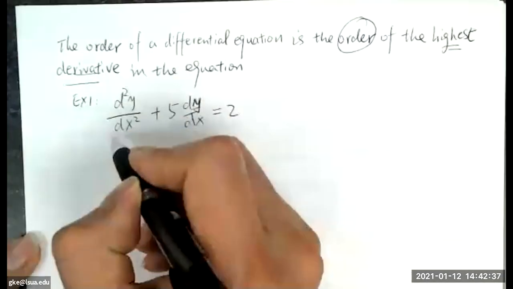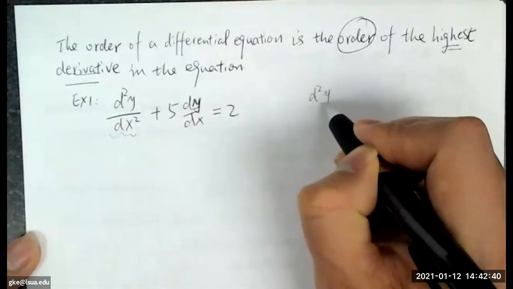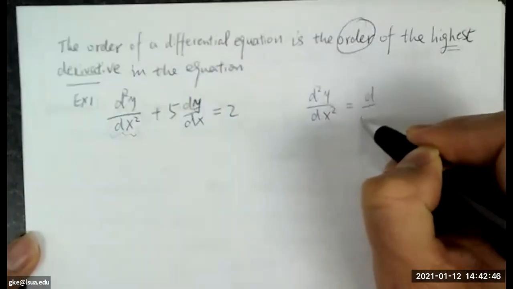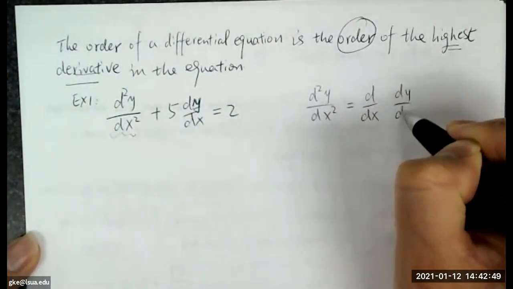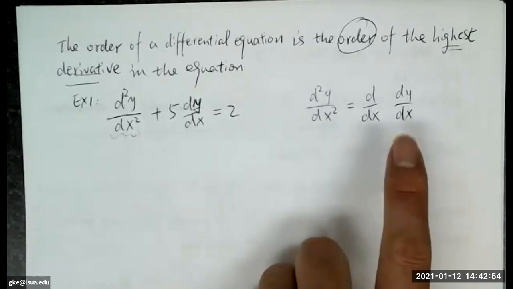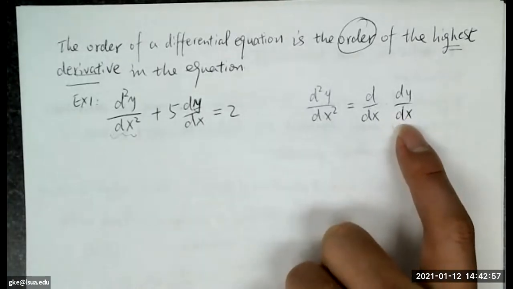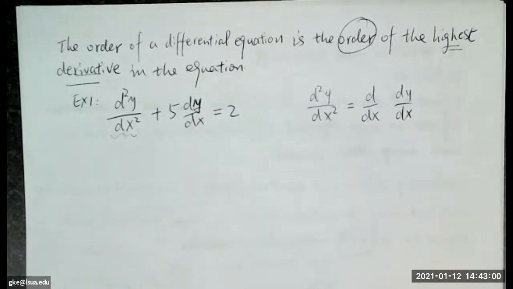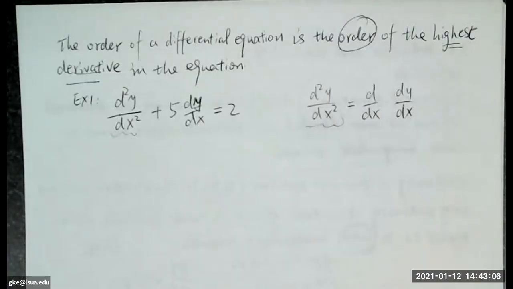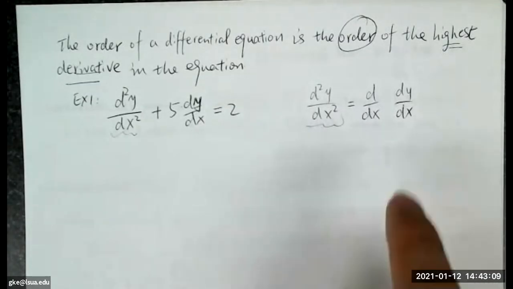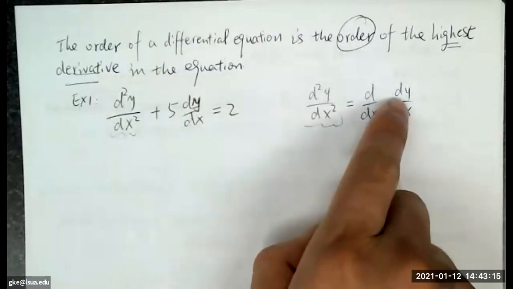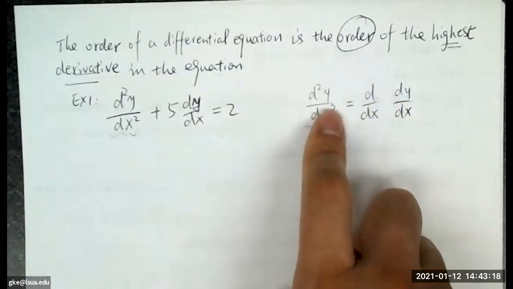Okay, so let's check the first term. The first term, d2y dx squared, can be written down as d over dx of dy over dx, right? Basically, we do the derivative twice with respect to the variable x, right? So that means we have a second derivative, and based on the definition, it's about the order of the highest derivative. So here we have a second derivative.